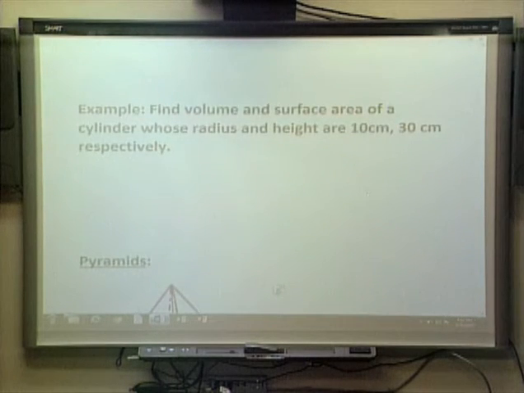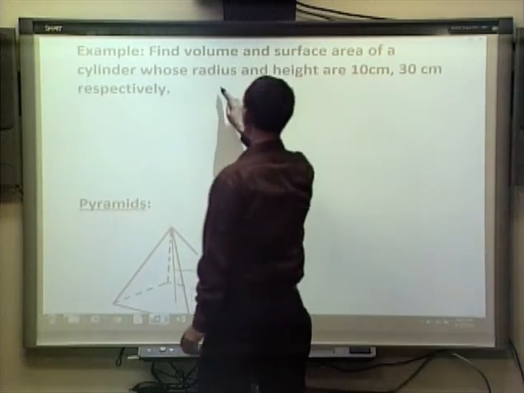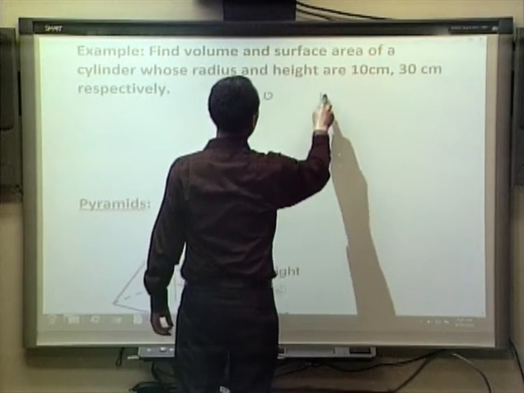Okay. Let us look at an example. Find volume and surface area of a cylinder whose radius and height are 10 centimeter and 30 centimeter respectively. So, the radius is 10, height is 30.